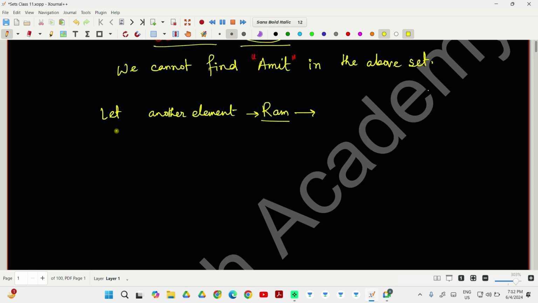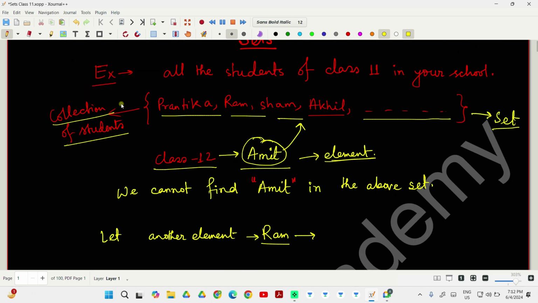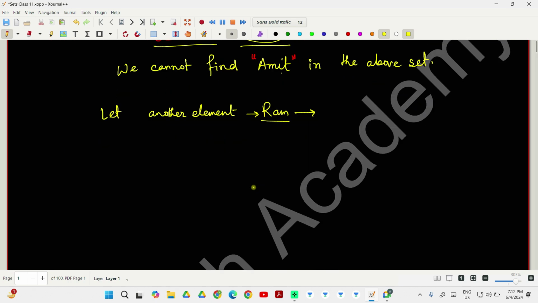To be more precise, let us name it a set A. So is Ram, another element, in the set A? Yes, this is true. So Ram is in the set A.